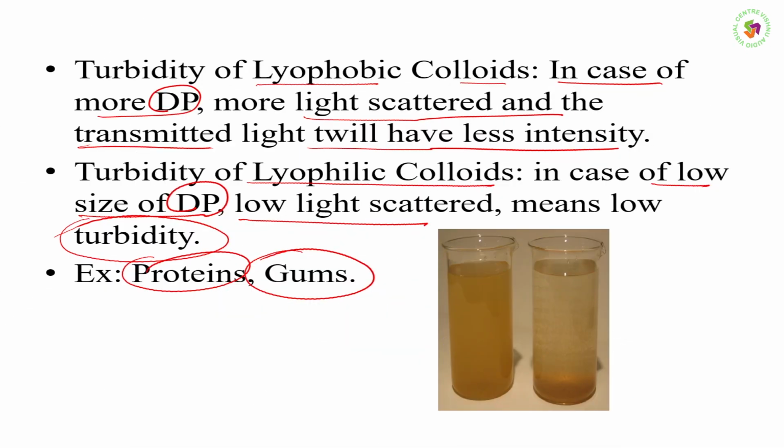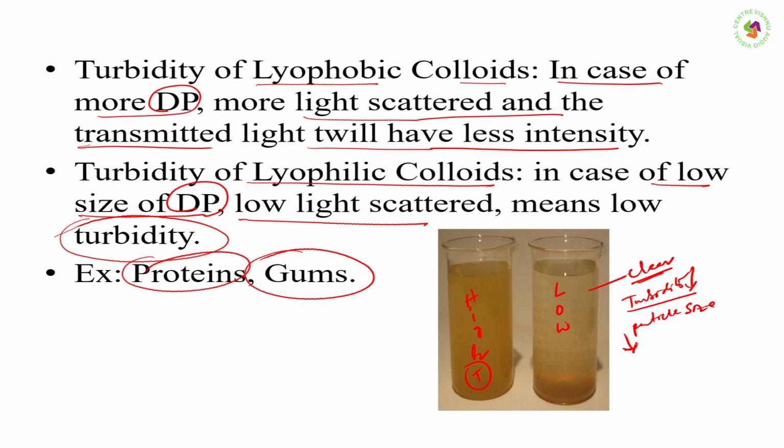So here you can see in this diagram, this one will have high turbidity, and here we can see a clear solution. That means turbidity will be very less. Why is the turbidity very less? Because the particle size is very small.